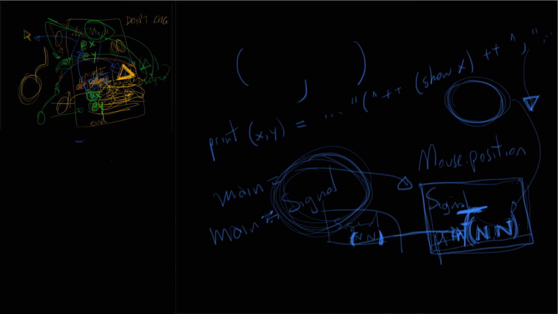The signal that does what your function does, instead of just the value. So you can make the signal of the mouse position be a value on the screen by inserting the print function, which is hidden here in this mess, right? So it's print of two naturals. Now here's the thing. This is an n, right? So nothing changes. This is never a 500. This is never a 400. You never see them. You don't see them.